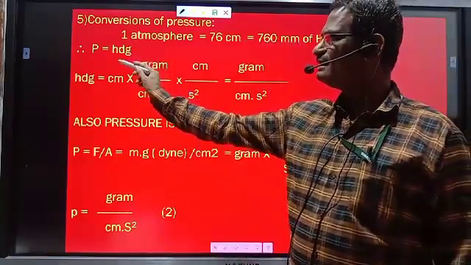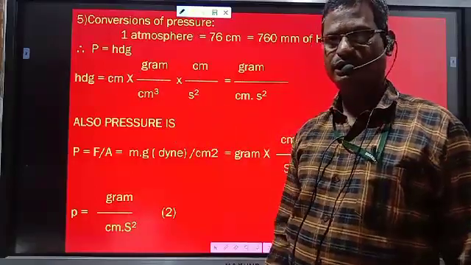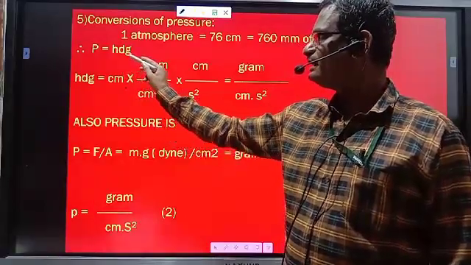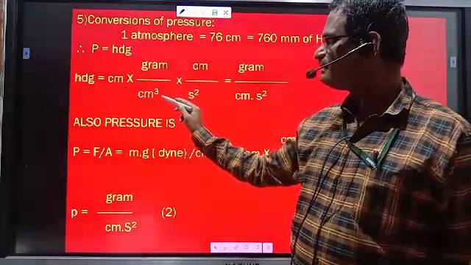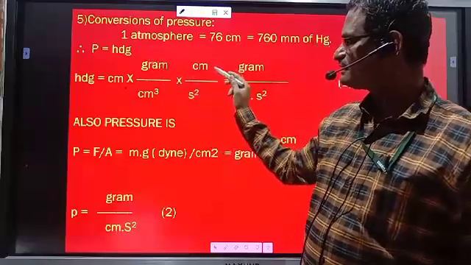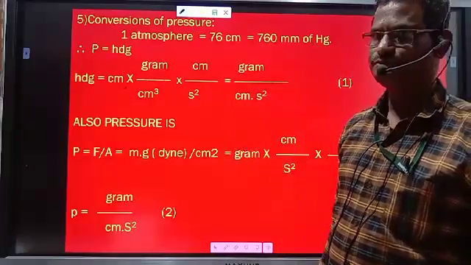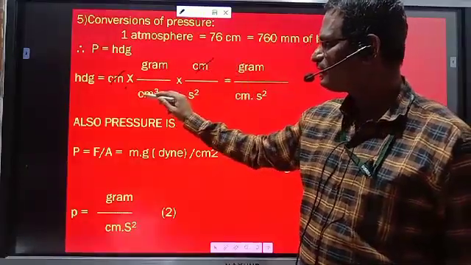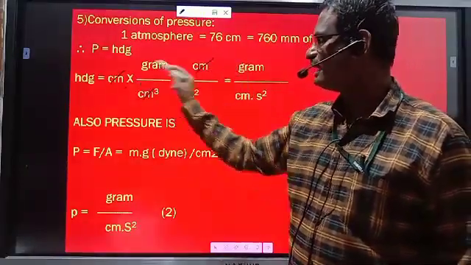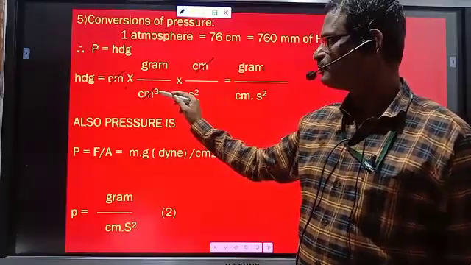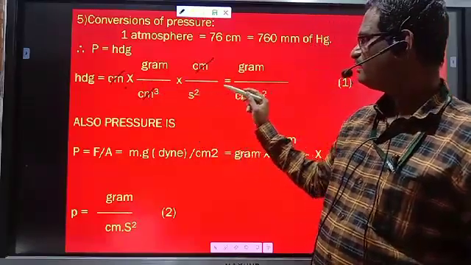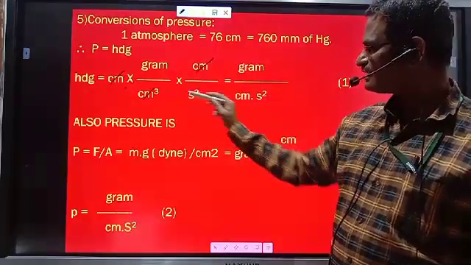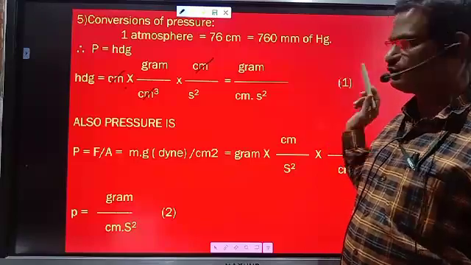Substituting the units: H is height in centimeter, D density in grams per centimeter cube, G gravitational acceleration in centimeter per second square. On solving, 2 centimeter cancels, 1 is remaining, and therefore we get gram divided by centimeter second square. Let this be equation number 1.